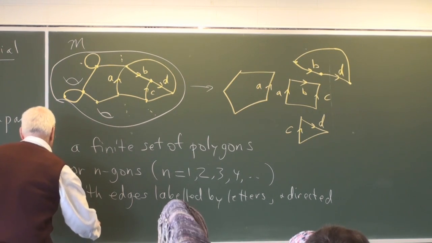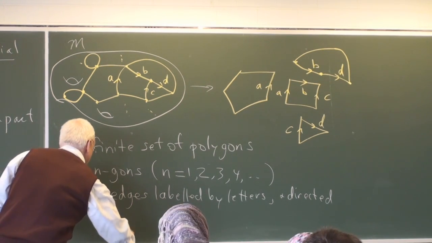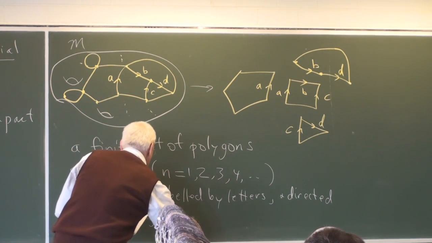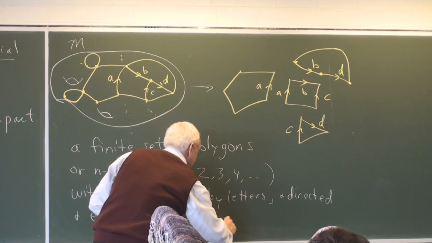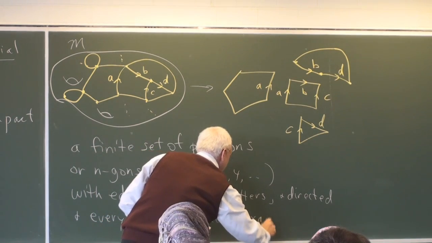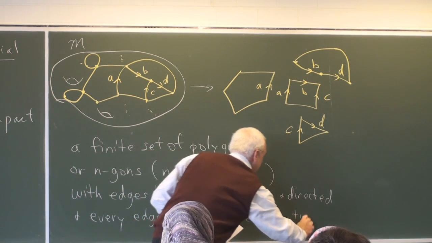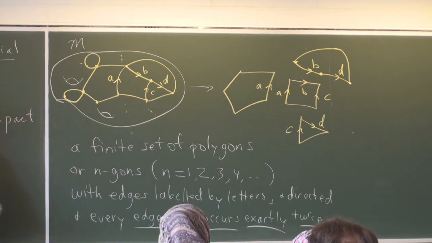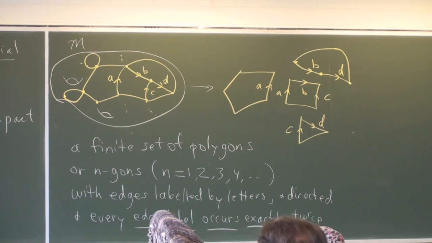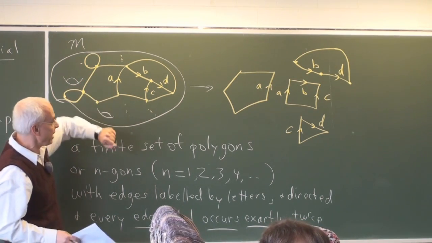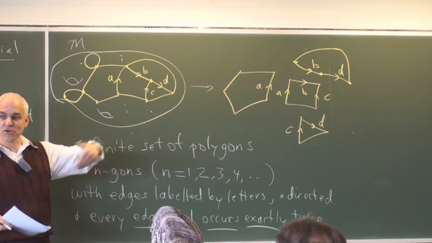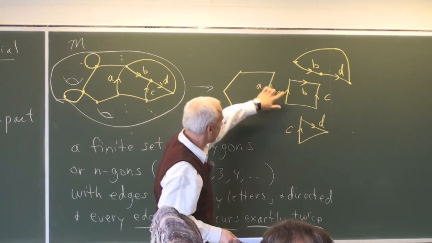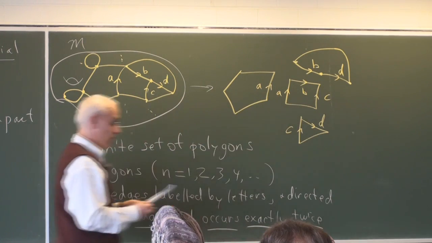And the crucial property is that every edge label occurs exactly twice. That's the property that will ensure that when we glue together, we're really getting something that's two-dimensional. So if there's an A appearing somewhere, there's got to be an A somewhere else in this polygonal pattern.